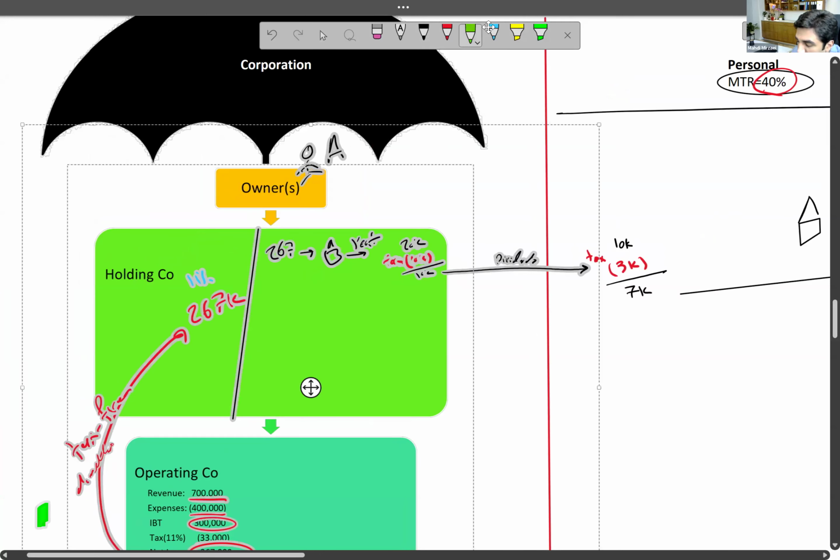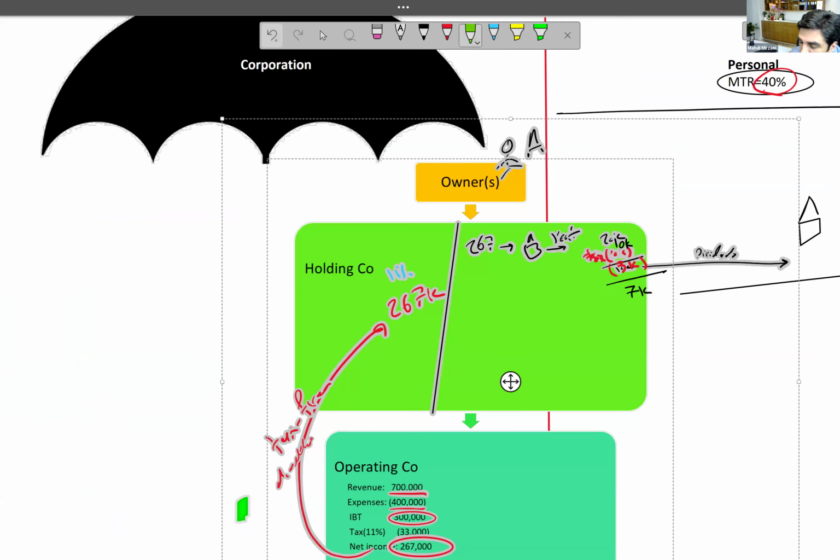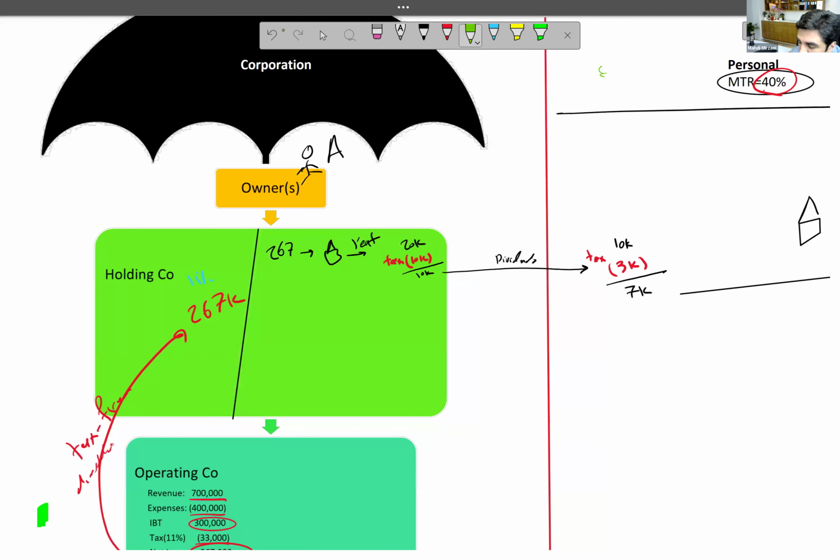So he says that, okay, I won't buy the property inside the corporation. What I will do, I will use this money, this $267,000, and pay myself what? Dividend to buy it on my personal side, because the intention is to buy it on the personal side.